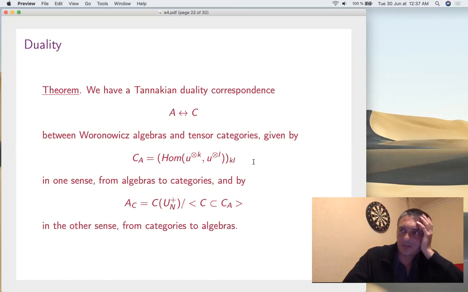Maybe the book by Neshveyev and Tuset. I think there Voronovich explains it. Also, maybe papers by Bichon. Bichon should have something. He started with doing these things over somehow arbitrary fields, and there you don't have that many tricks as here.